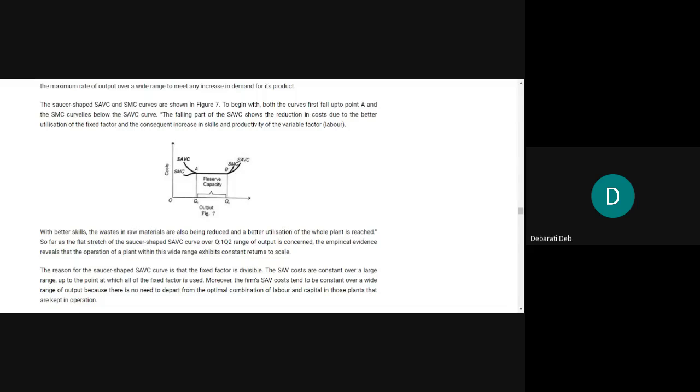And one thing that we noticed yesterday, which is a very important difference from the traditional theory of cost, is that the optimal point is not a single one. In traditional theory, an optimal point was only one amount of quantity of the output. But in modern theory of cost, that is not so. It is a range.